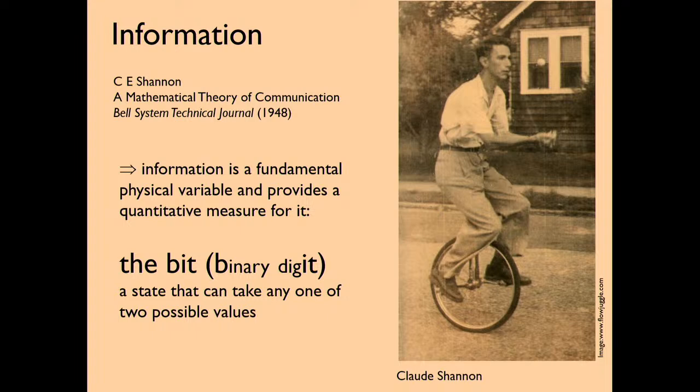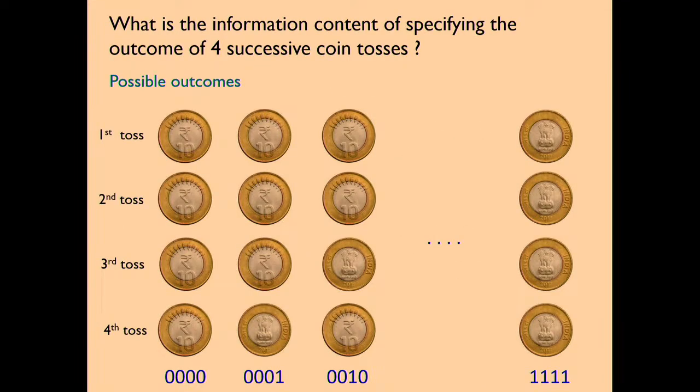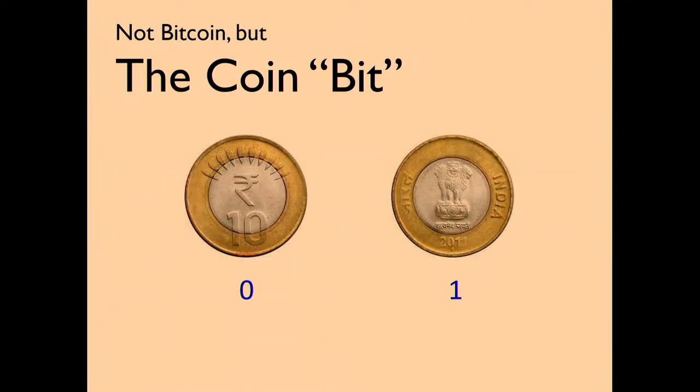So just to give you an example of this, we have all heard about Bitcoin, but today I'm going to talk about the coin bit. That is the coin represented as a bit. If the coin comes up tails, it's one state. If the coin comes up heads, it's another state.